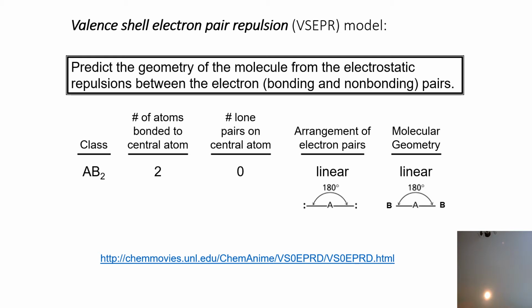Okay. So in this case, we have two B atoms bonded to the central atom, and in order for them to be as far away from one another as possible, there is the formation of a 180-degree bond angle, and both electron and molecular geometries are linear.